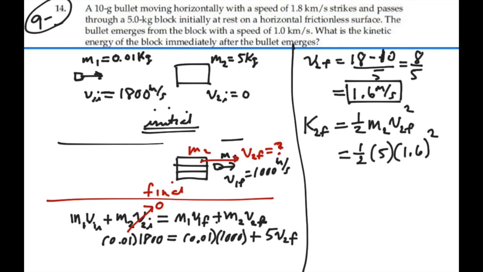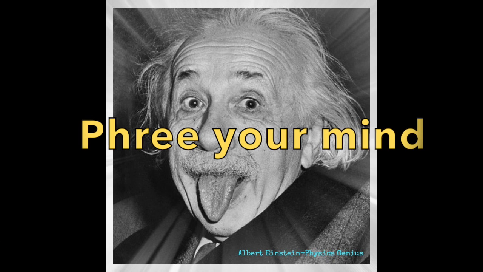What is that? 6.4 joules. So the final kinetic energy of block 2 after the collision is 6.4 joules. The only way we can find it is by finding the final velocity through conservation of momentum. That's our answer.